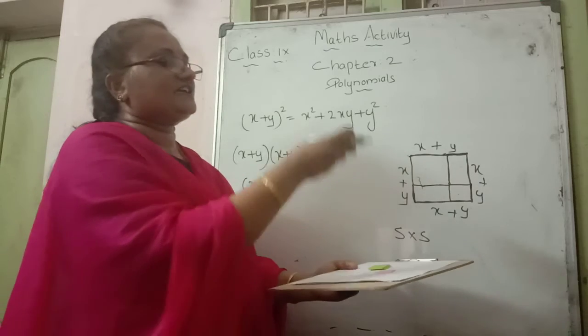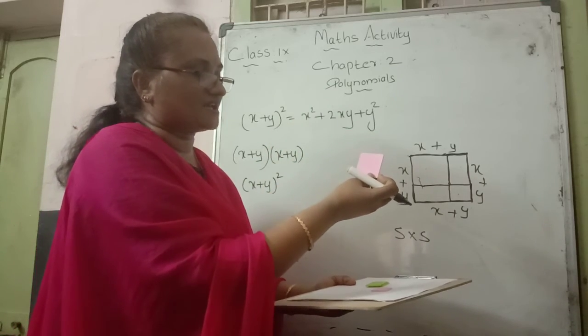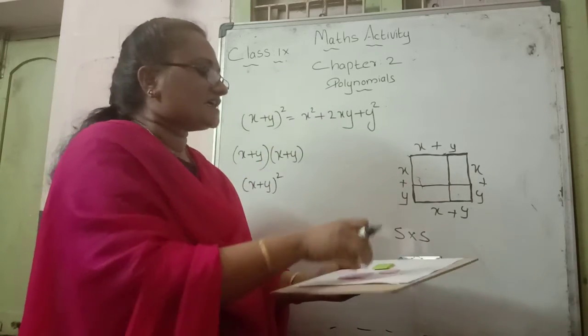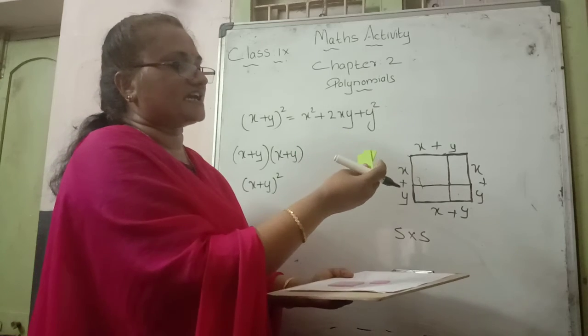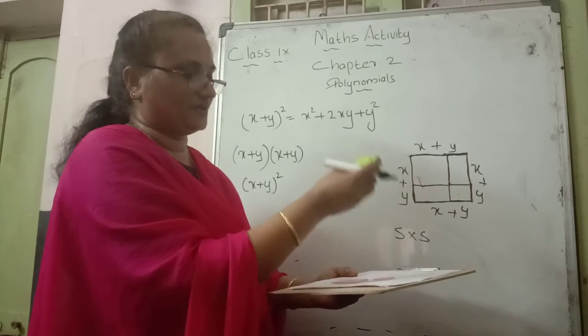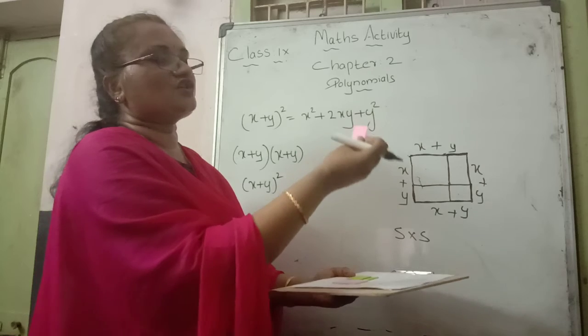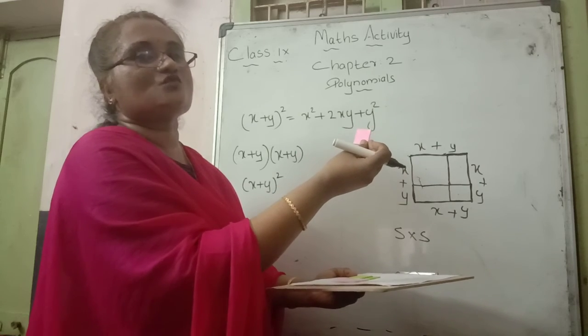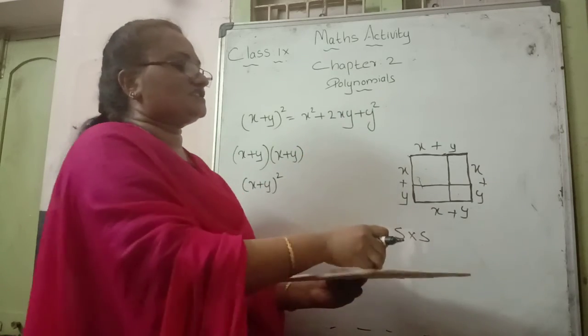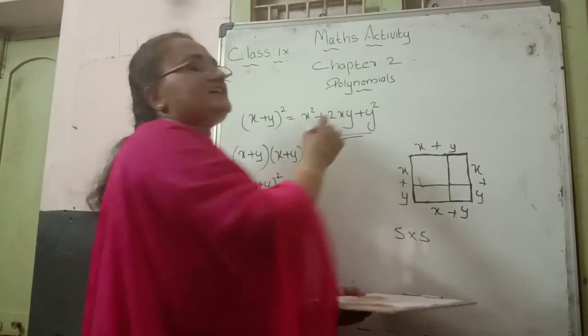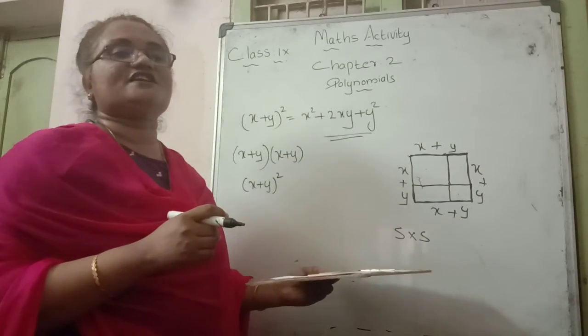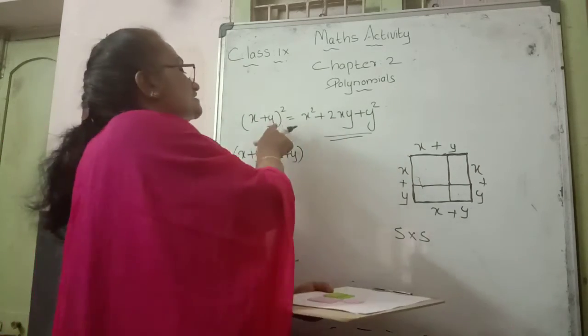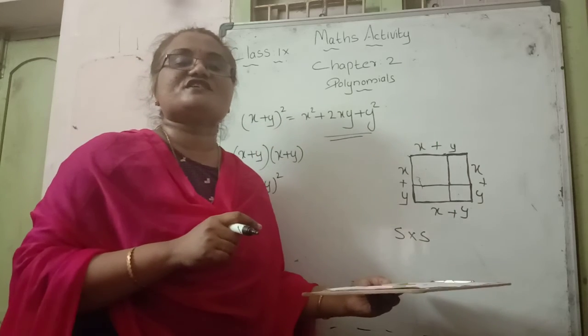Adding all these areas gives the right hand side. The area of the big square is x square, plus the area of the two rectangles is 2xy, plus the area of the small square, which is y square. In this way we get the right hand side expansion. So finally, what can we conclude? (x + y) the whole square is equal to the expansion form.